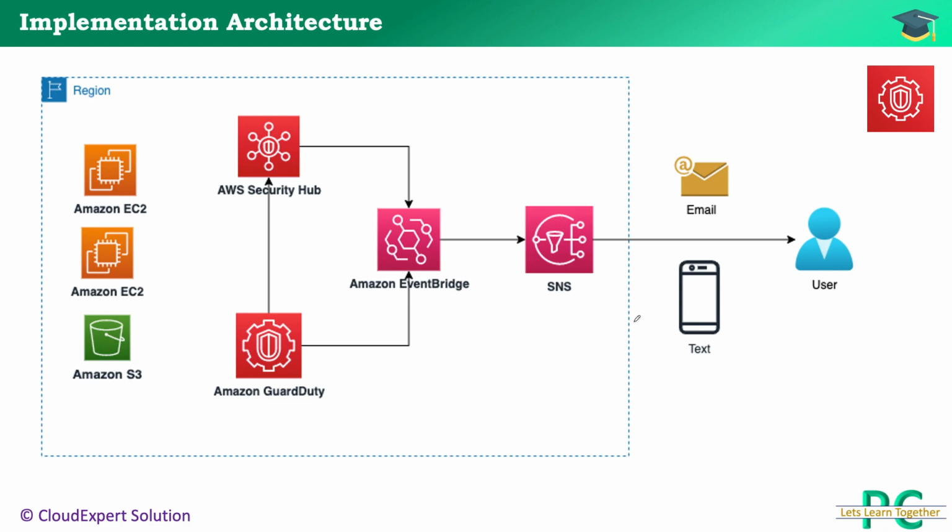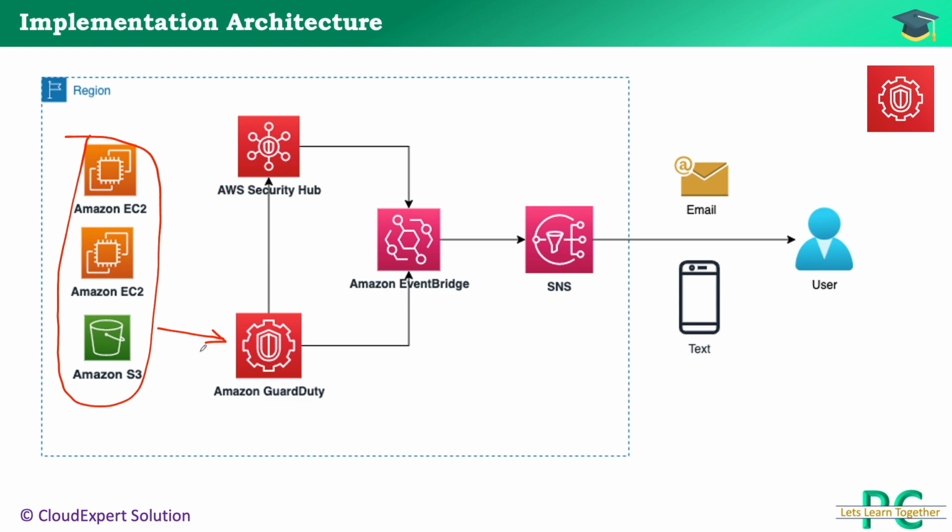Now let's see the implementation architecture we are going to discuss today. From the left-hand side of the diagram, let's say you have this AWS infrastructure. You can have S3 bucket, you can have EC2 instances. Now you have enabled AWS GuardDuty on your account. GuardDuty will automatically monitor all your instances and it will create the findings.